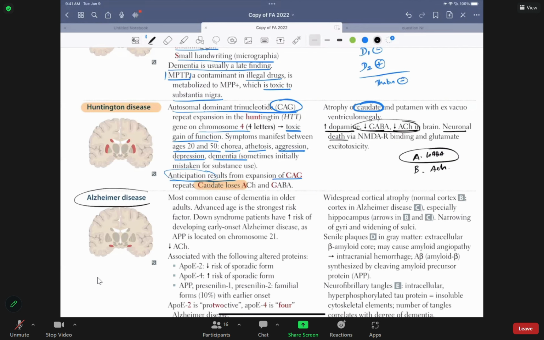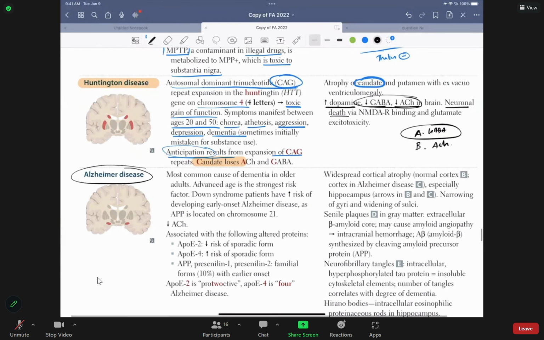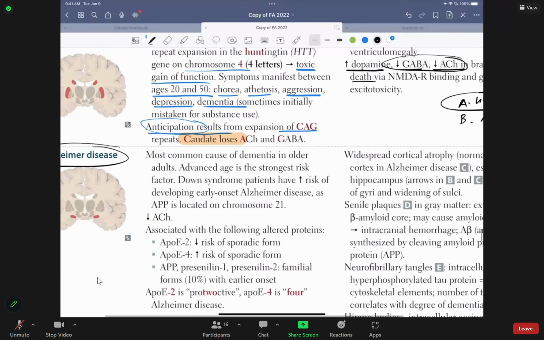Next, Alzheimer's. Now, when it comes to Alzheimer's, that's the most common cause of dementia. I know that's the number one cause of dementia. What does that mean? That means no judgment, no memory, nothing.